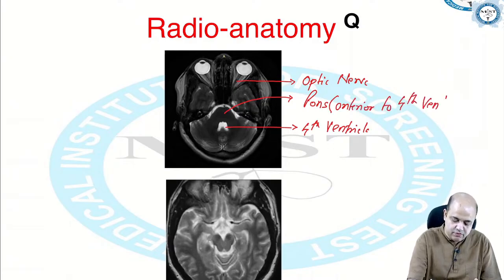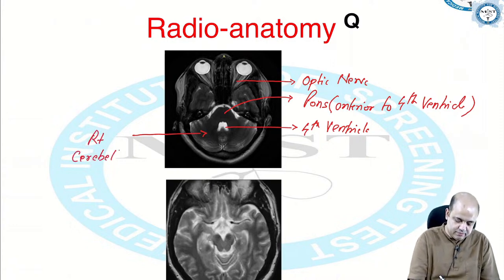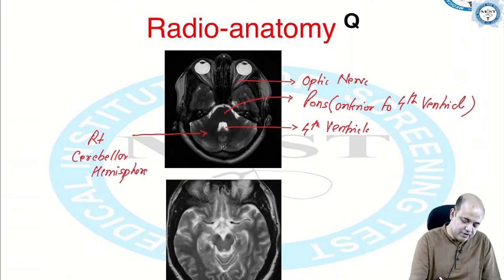And these are the cerebellar hemispheres. This is the right cerebellar hemisphere. The other side would be the left cerebellar hemisphere.